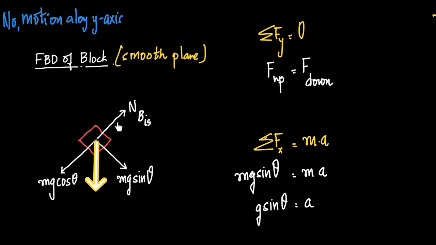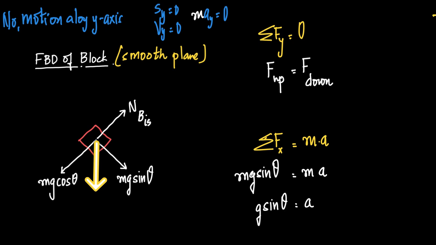It is not going upwards or downwards. It is restricted to the x-axis, not the y-axis. So since there is no motion along the y-axis, displacement along the y-axis is 0. That implies velocity along the y direction is 0. Further, acceleration along the y direction is 0. And if we multiply by m on both sides, we get m into ay is equal to 0.